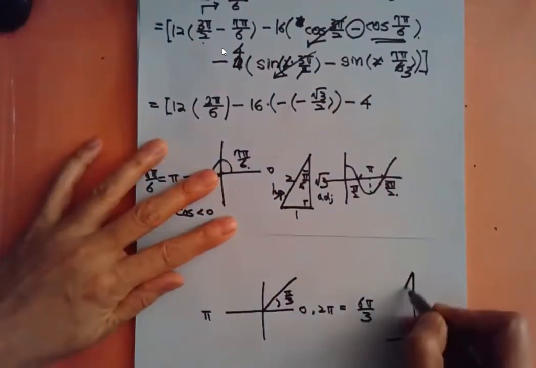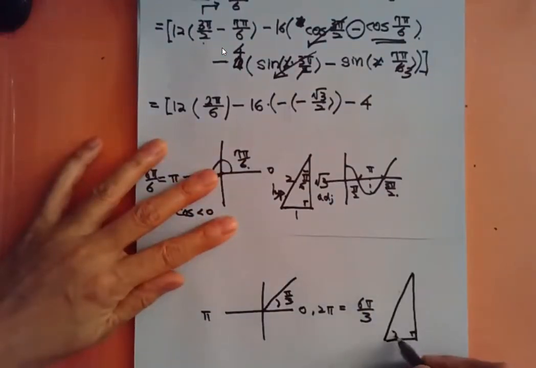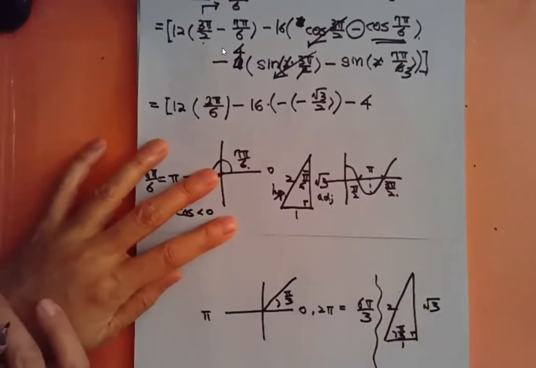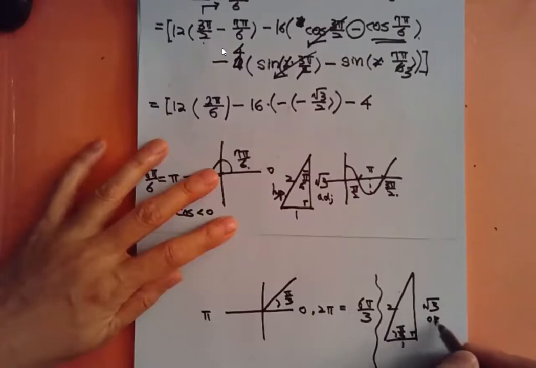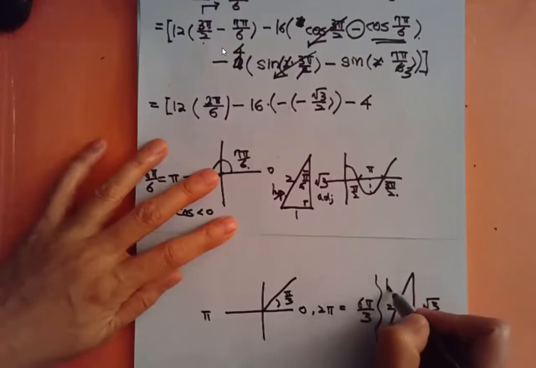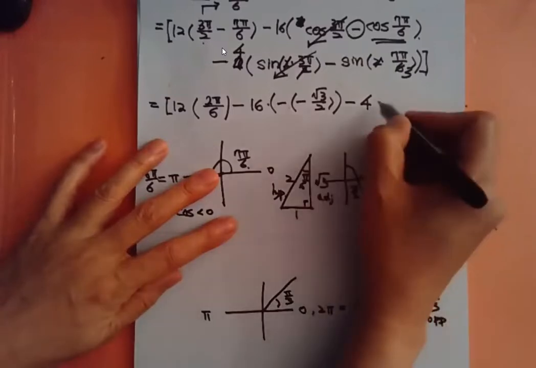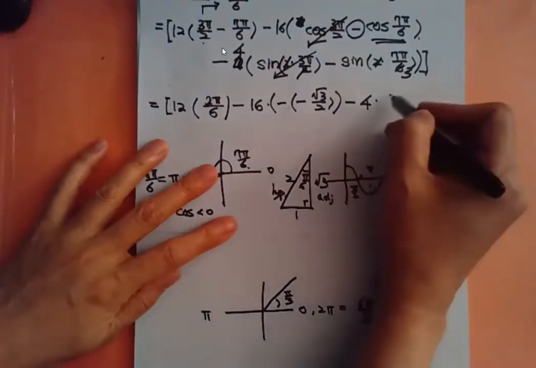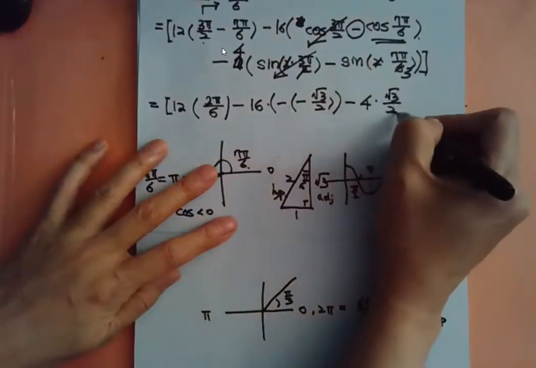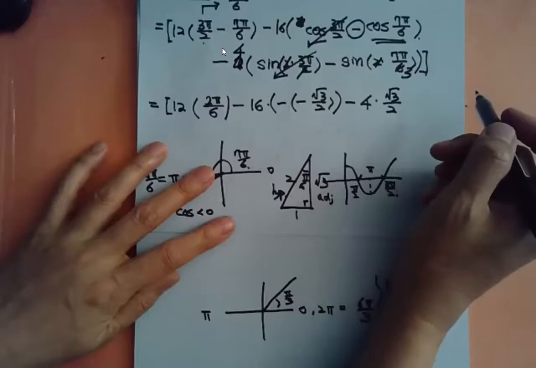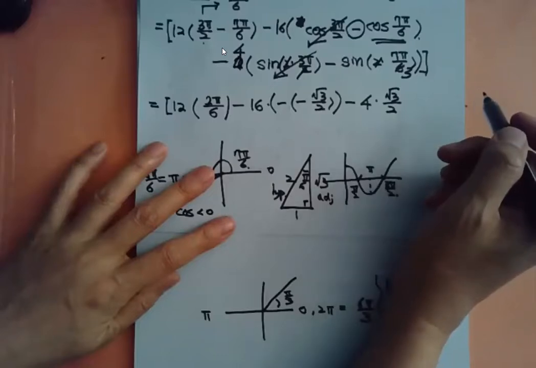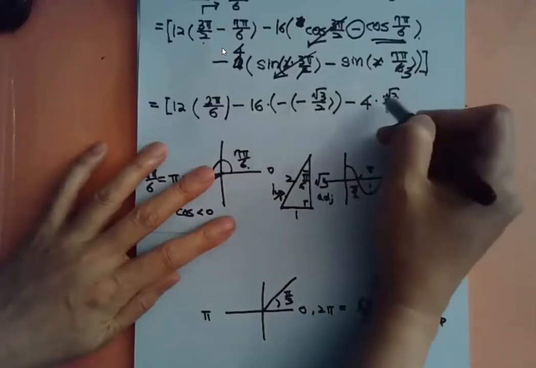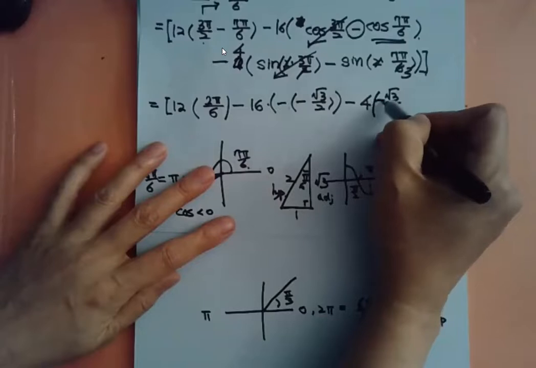The right triangle we are drawing is this is pi over 3, 1, 2, square root of 3. So sine is this is opposite, and this is hypotenuse. So this one is square root of 3 over 2. But there was minus, and so we will put minus here.